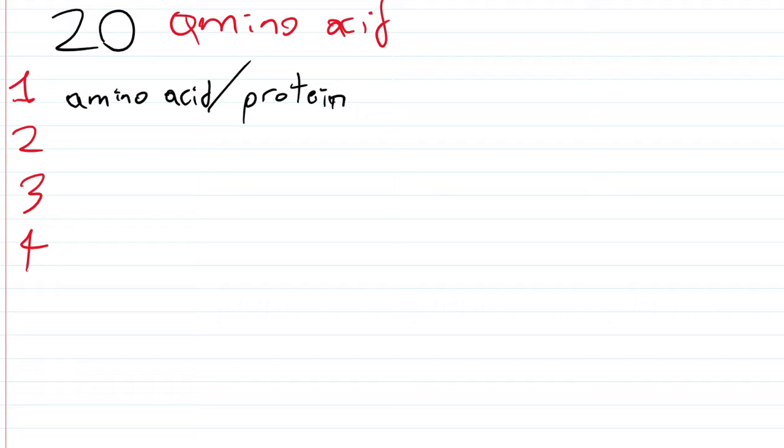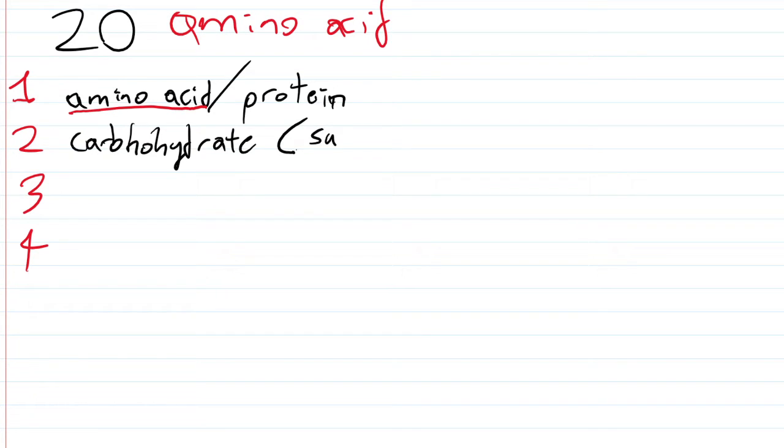Okay? So the second one is a carbohydrate. So we have our carb, carbohydrates, and they're basically like sugars. Those are the little units.